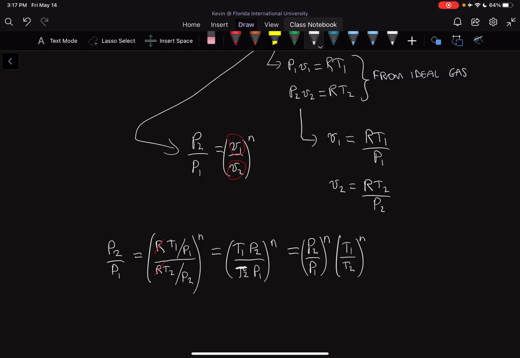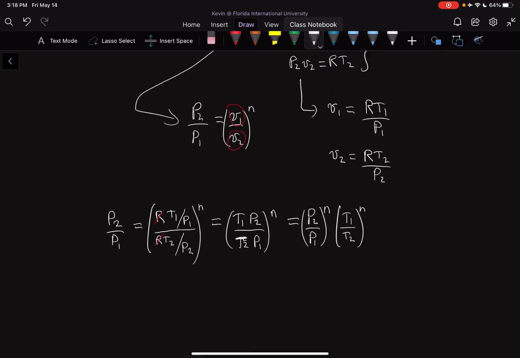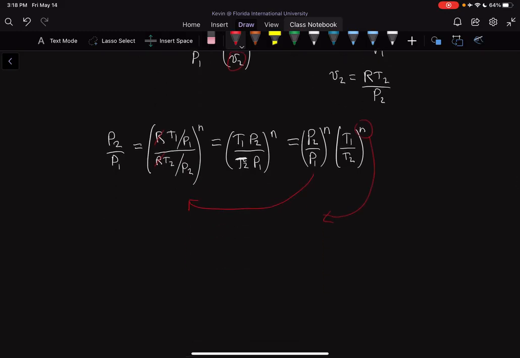So we now have that P2 over P1 is equal to P2 over P1 to the n and T1 over T2. What we can do now is bring this over to the left side and bring this power over to the left side as well, rearranging so that we're left with T1 over T2 on the right side.